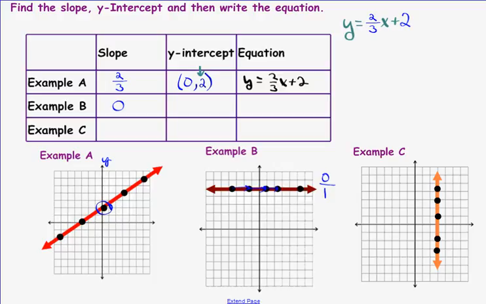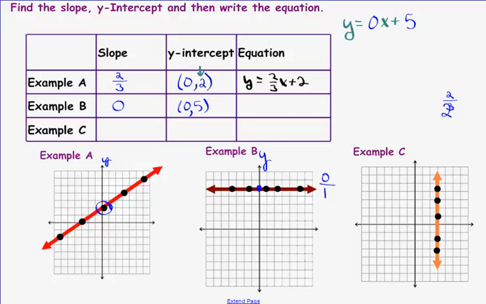My y-intercept is where I cross the y-axis, right here, and I crossed it at (0, 5). So I'm going to take that same equation and put in 0 for my slope, and my y-intercept was 5.